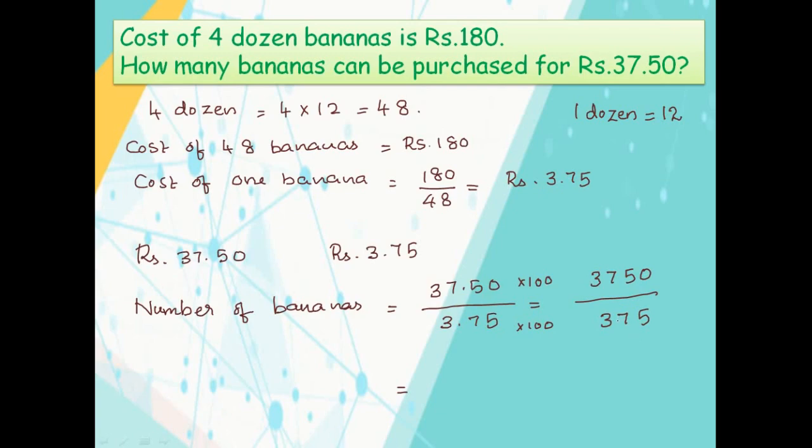So, you can cancel this one. 375 is the common factor. When you cancel, 375 times 1 is 375 and 375 times 10 is 3750. So, the answer is 10 by 1, or it is equal to 10. So, the number of bananas we can purchase for rupees 37.50 is 10.